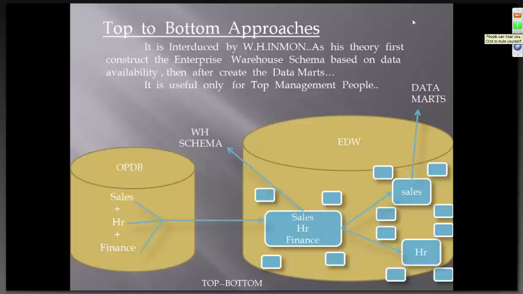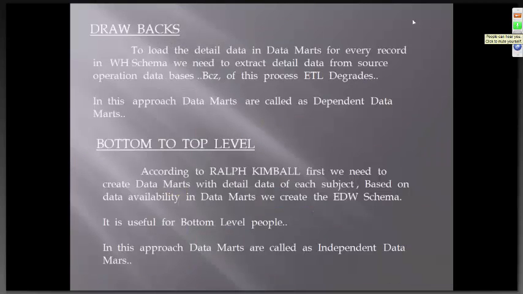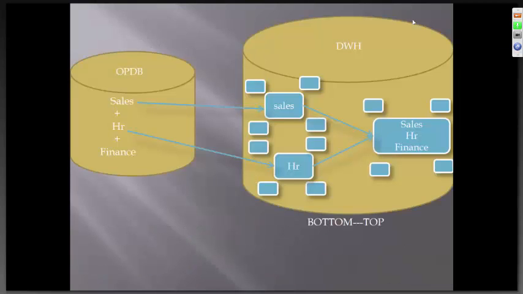So for this purpose, we go for another approach, the bottom to top approach. In the bottom to top approach, we can create data marts directly from the OLTP database.